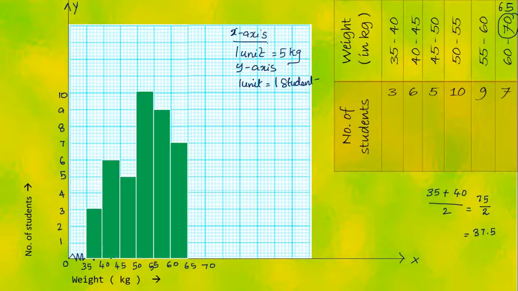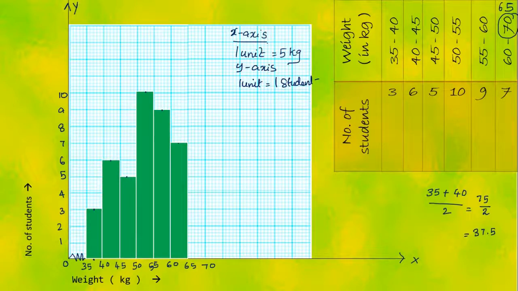Now we are going to find this middle point of each of the rectangles. We are going to mark not in the x-axis but here on the top of the rectangle. Let's mark here also. So we have marked all the middle points of the tops of the rectangles. A frequency polygon always has end points. So we are not going to start from the first class interval or the first middle point.